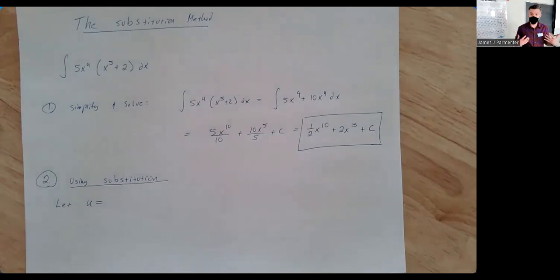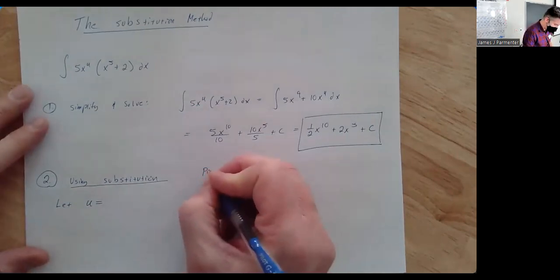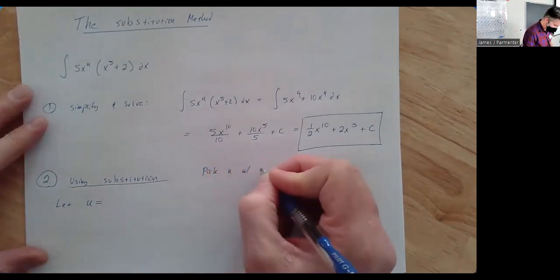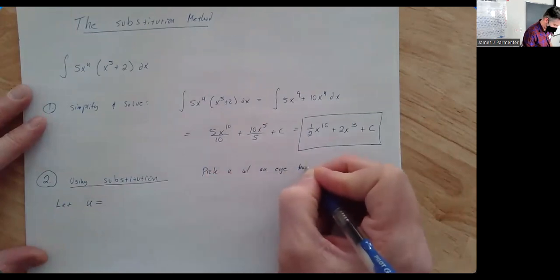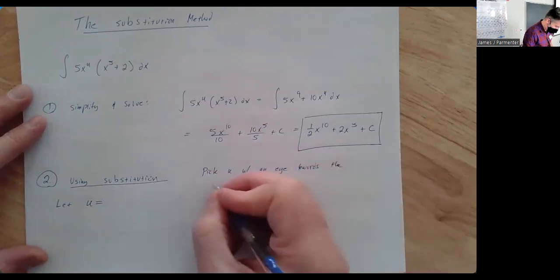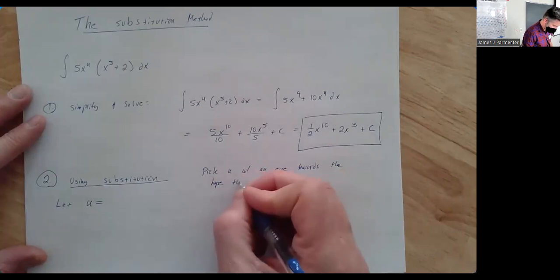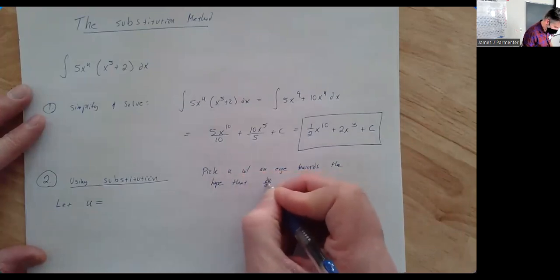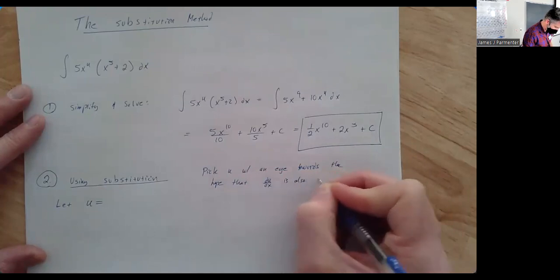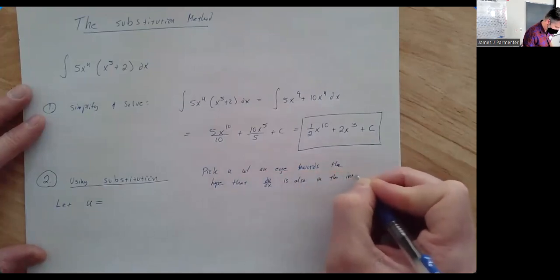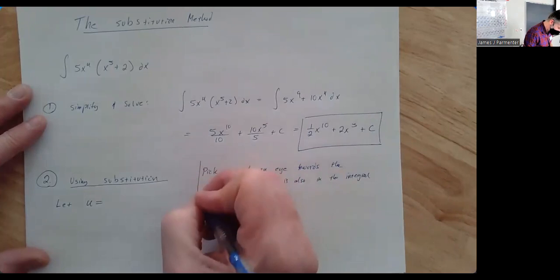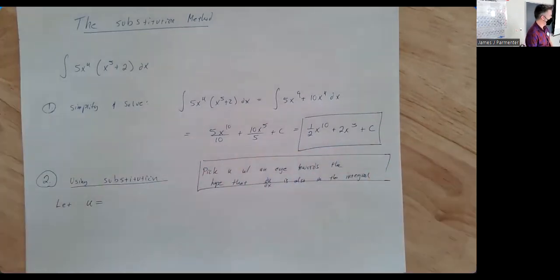And the hope, the ideal case, is that the thing you pick for u, its derivative also is in the integral. So we're going to pick u with an eye towards the hope, prayer, whatever you want to call it, that the derivative of u is also in the integral. That is kind of my leading motivation when I'm doing u substitution.